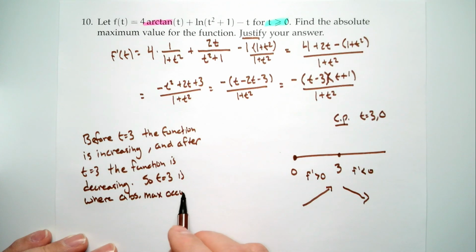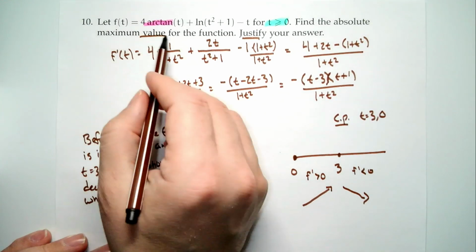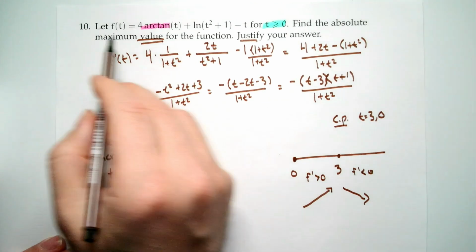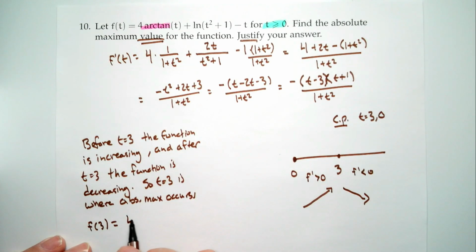Now, but we're after the max value. So the final thing we need to do is plug 3 into our function. So we get 4 arctangent of 3, and arctangent of 3 is arctangent of 3.